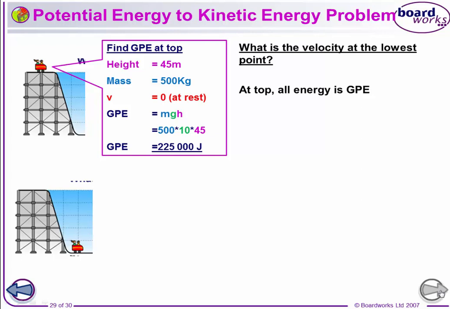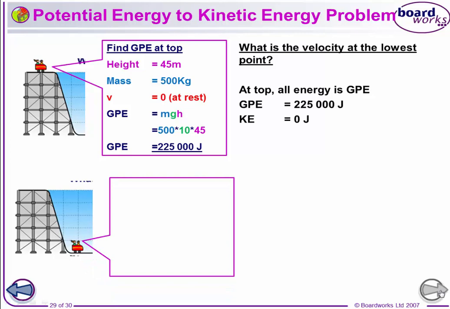What is the kinetic energy at the top? Well, all the energy at the top is gravitational potential energy, and there's no kinetic energy because it's not moving. Velocity is 0. Now at the bottom, it's swapped around. That gravitational potential energy has turned into kinetic energy. So the height is now 0.